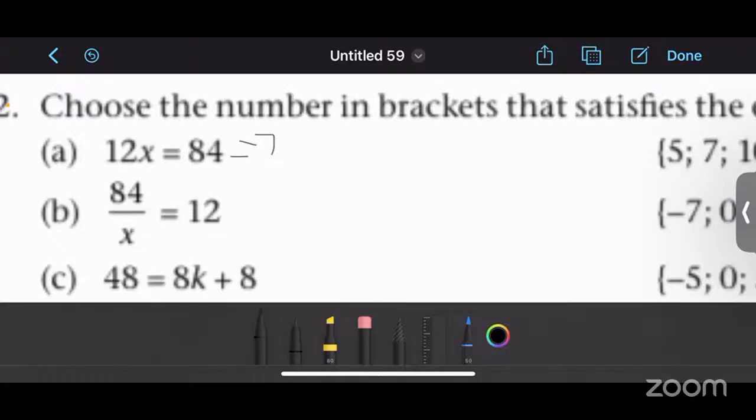Oh, ma'am, are you at A? Mm-hmm. You said B. Why B? Sorry, I said x equals 7 because 12x also means 12 times x.